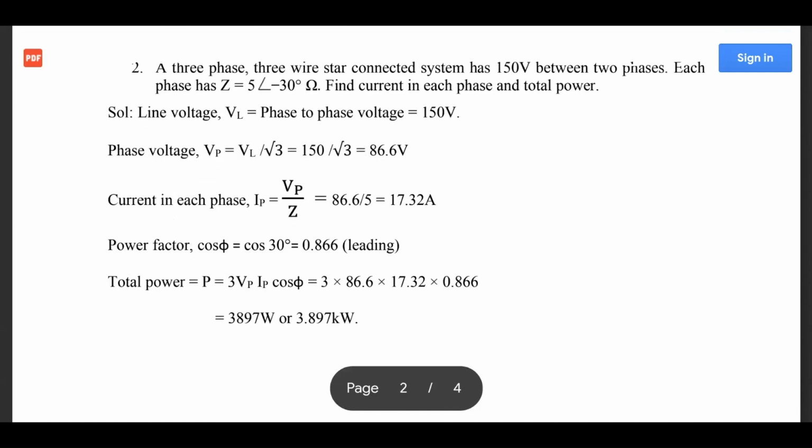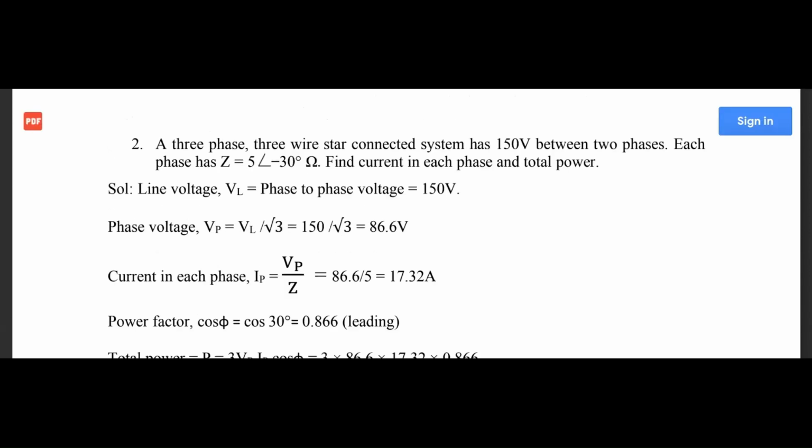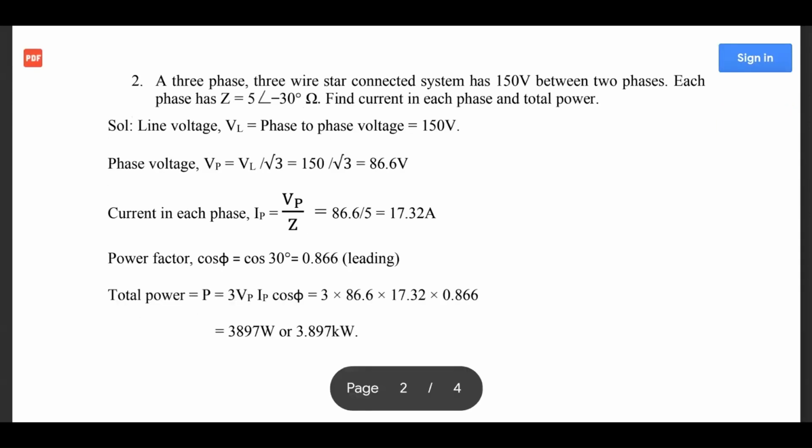In this numerical, a three-phase, three-wire star connected system is there, and 150 volts is given between two phases. In some of the numericals, the line voltage is not clearly defined.